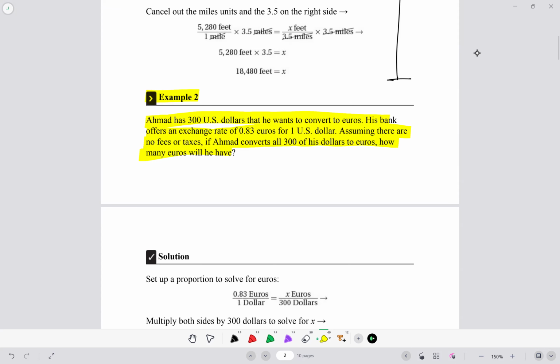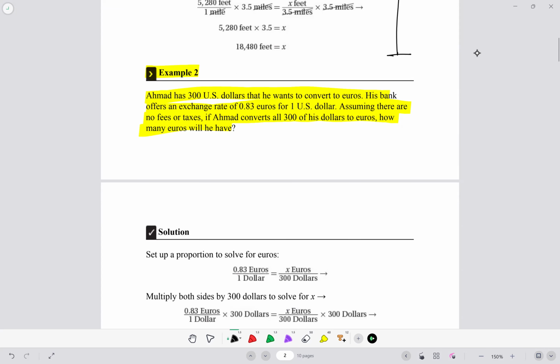So you just need to convert from US dollars to euros, right? He has 300 USD, and he wants to convert it to euros.